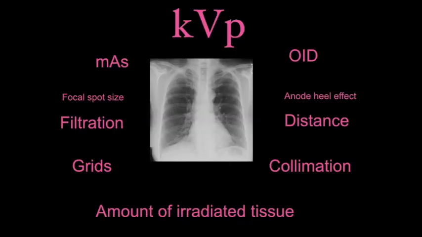There are many characteristics and qualities of the finished radiograph, kVp being the primary controlling factor, along with influencing factors such as mass, focal spot size, filtration, grids, amount of irradiated tissue, OID, anode heel effect, distance, and collimation.